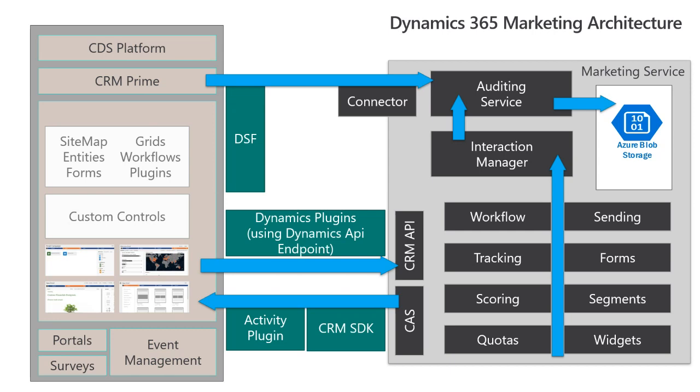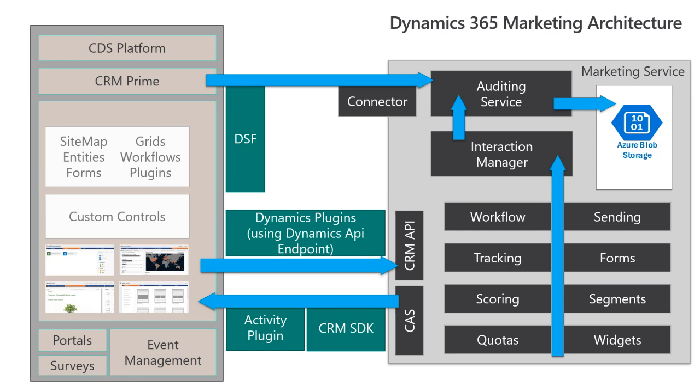As you can see, the marketing service internally uses a channel access service, which is CAS. This service ensures that the marketing service doesn't create too much load on the CDS side.